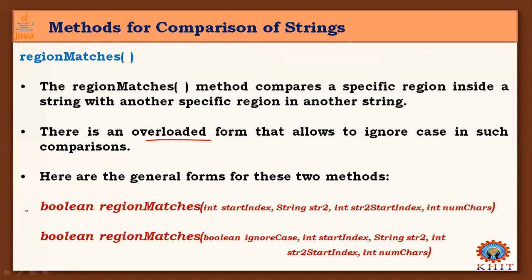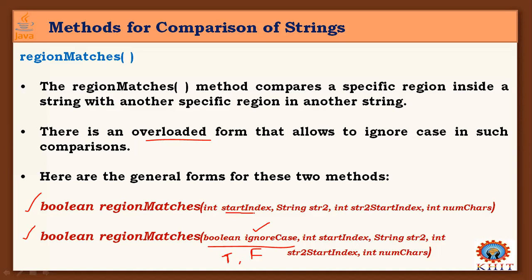These are the two general forms of this method. They are the same, but with one additional parameter, that is ignoreCase. IgnoreCase is a Boolean value, either true or false. Based on this, it can consider case sensitivity when comparing the two strings.